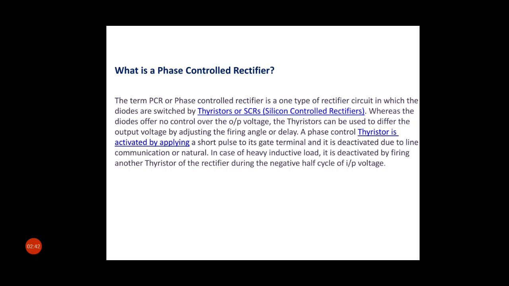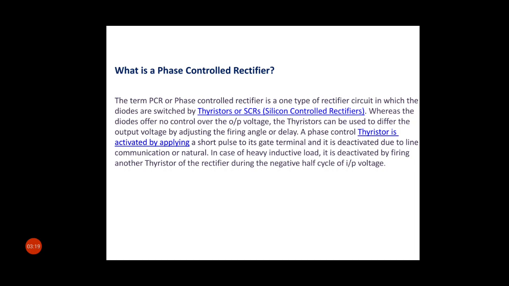Diode rectifiers are termed uncontrolled rectifiers. When these diodes are replaced with thyristors, it becomes a phase control rectifier. The output voltage can be regulated by changing the firing angle of the thyristor. The main application of these rectifiers is in speed control of DC motors.